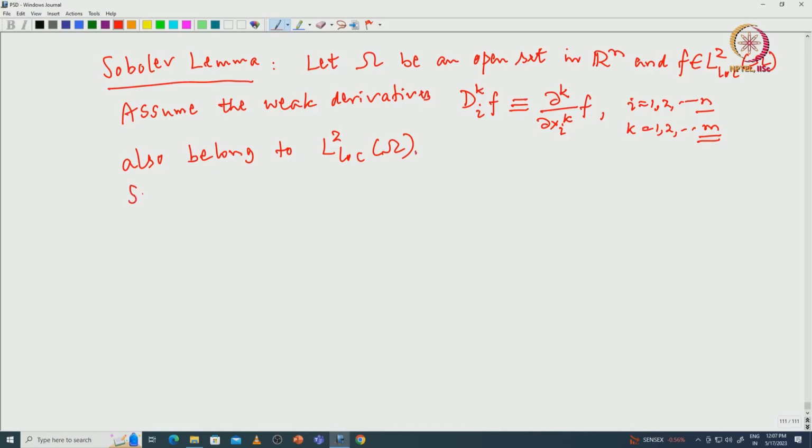Suppose p is a non-negative integer, and here is the condition on the number of derivatives, the dimension and this p: m is bigger than p plus n by 2. You want enough of these weak derivatives.